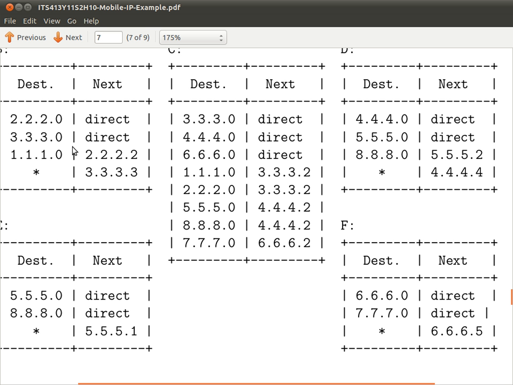Our destination is 888.200. It doesn't match the first row. It doesn't match the second row. It matches star, which means any other value. So I've simplified the routing table a lot, so we hide a lot of the detail. But that says that the next node in the path is IP address 666.5. And router F sends that datagram to 666.5.